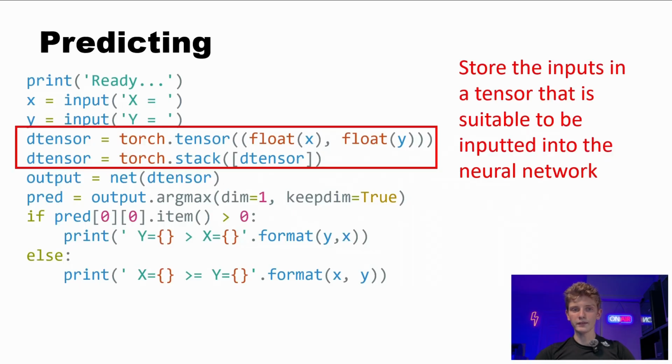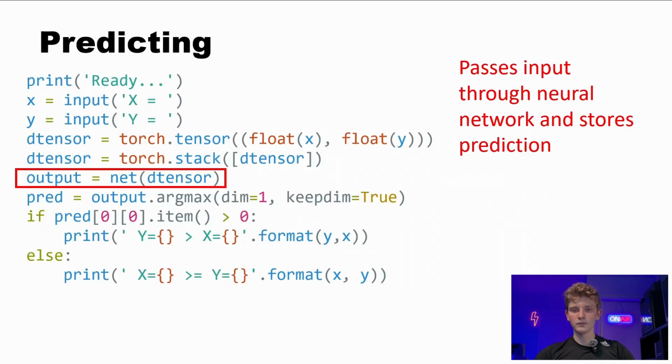And we make the tensor in such a way that it's suitable to be passed into our neural network. In actuality, the tensor that we used earlier for our training data had 2 dimensions, so here we're just adding an extra dimension to match the same structure. You don't have to worry about this too much. This is just how we have to pass our data into our neural network.